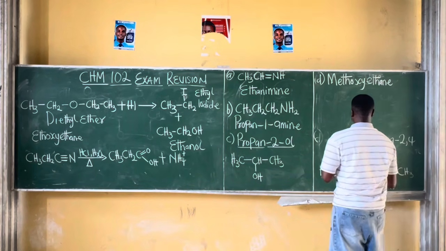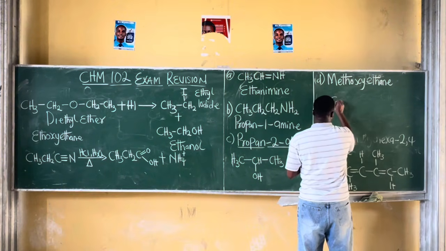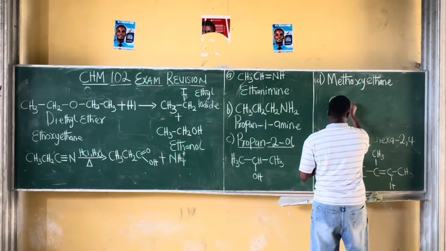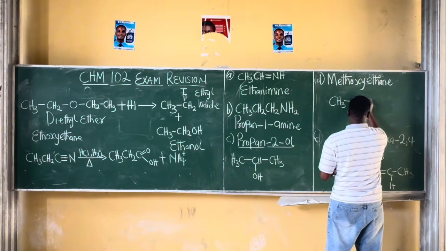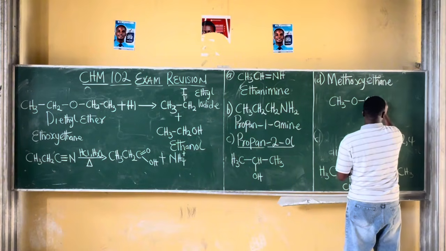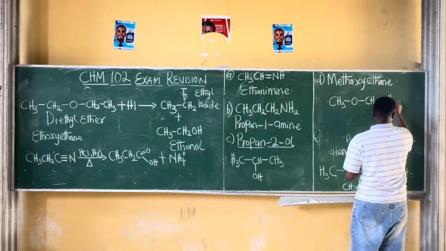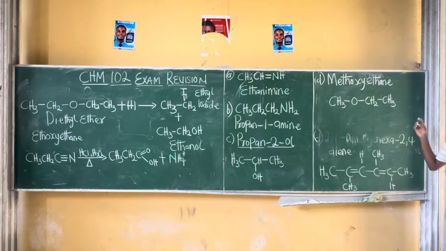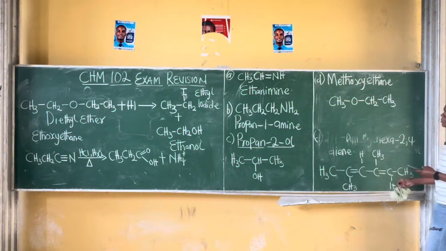All right, methoxyethane, you start with a methyl group, then bonded to O, then CH2, CH3. So this is methoxyethane.